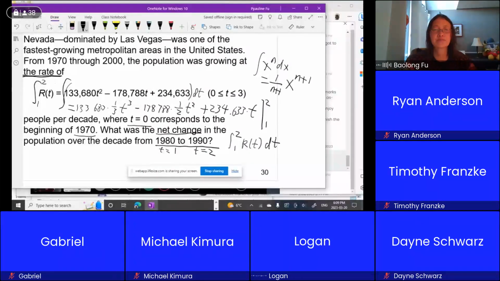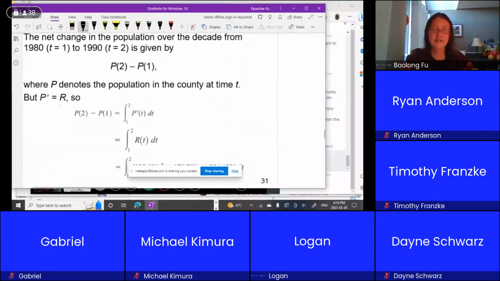Any questions? So once you are here, first plug in t equal to 2, then subtract t equal to 1. That is the result. Let me show you here.